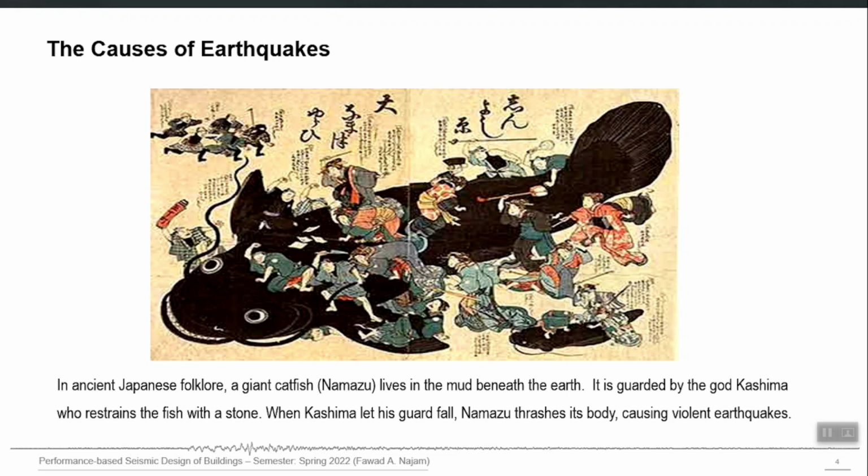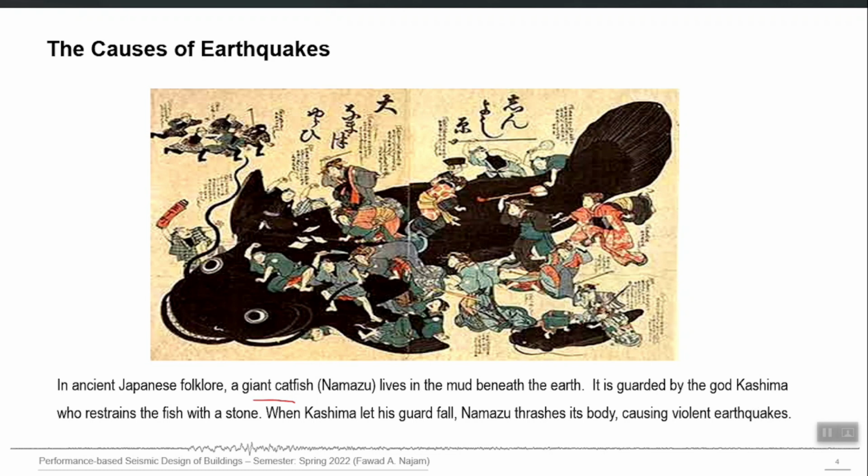So this is one of the folklores from Japanese mythology. It is conventionally said that there is a giant catfish which lives under the earth, and whenever it moves, we experience that movement in the form of an earthquake, right? So this is an ancient story coming from Japanese mythology.